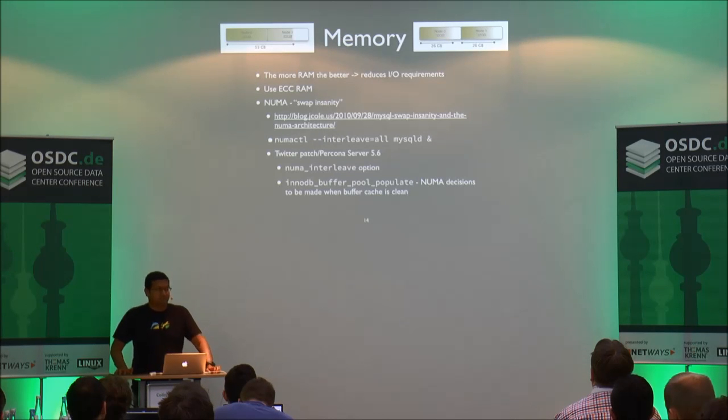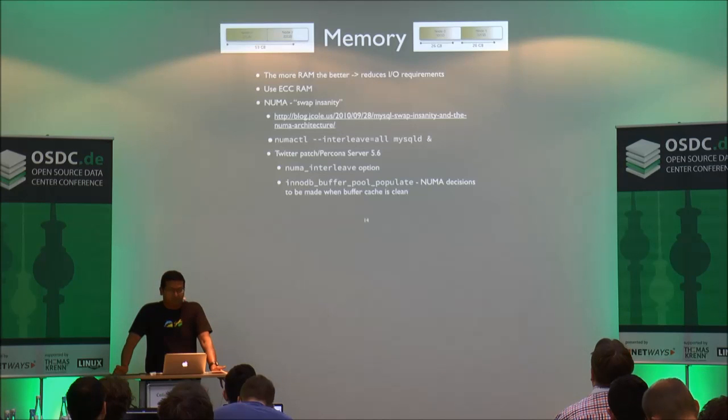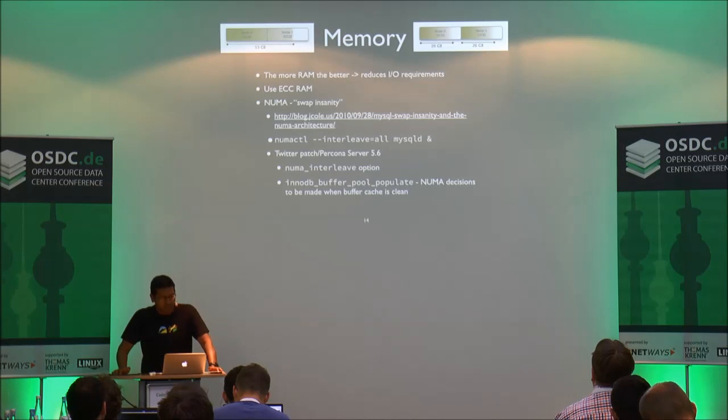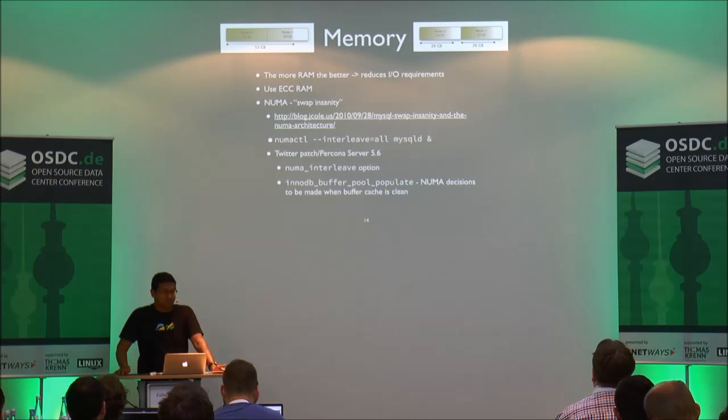This is especially true when you have 64 gigabytes of RAM and a fairly large InnoDB buffer pool, maybe 48 gigabytes. Over time, Linux will decide to swap out large amounts of your memory and appear to be under memory pressure despite having no memory pressure.